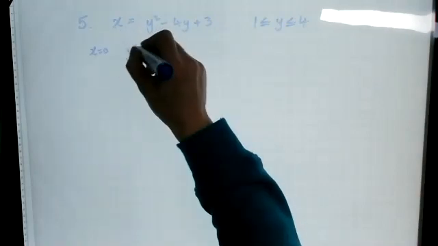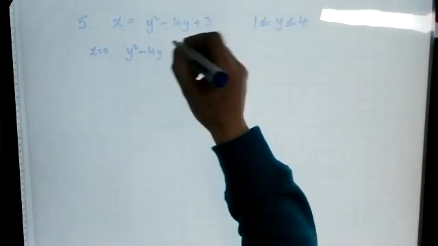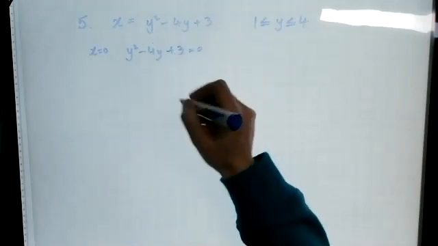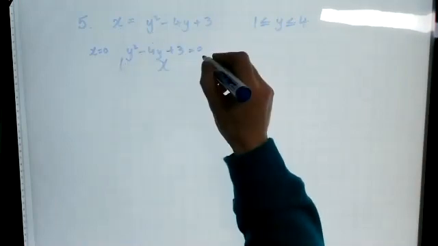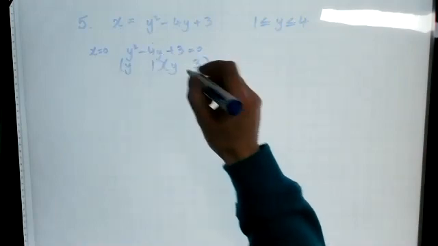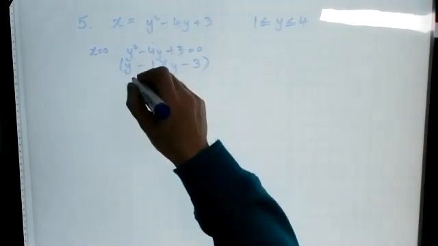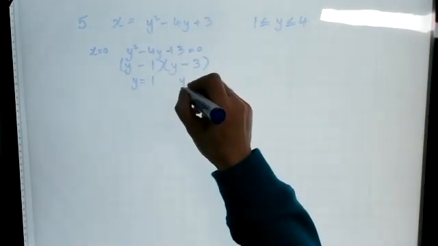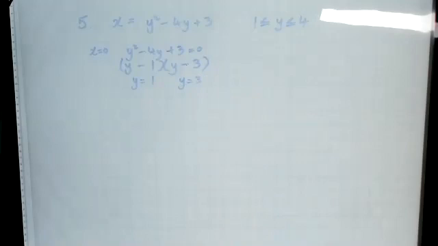So you do y squared minus 4y plus 3 equals 0. Factorize: y minus 1, y minus 3. So y equals 1 and y equals 3.